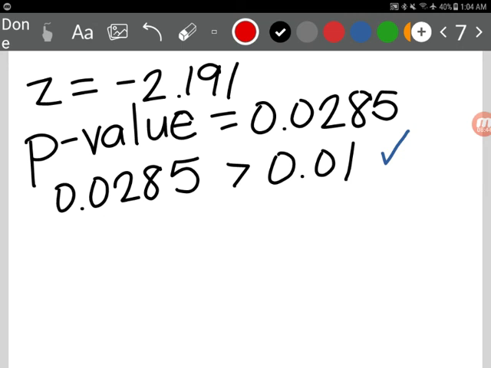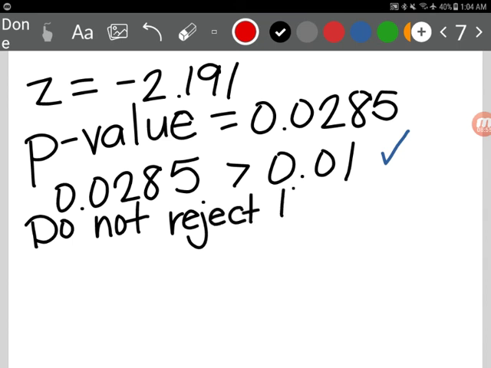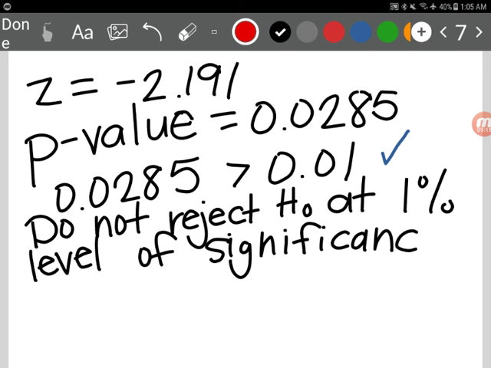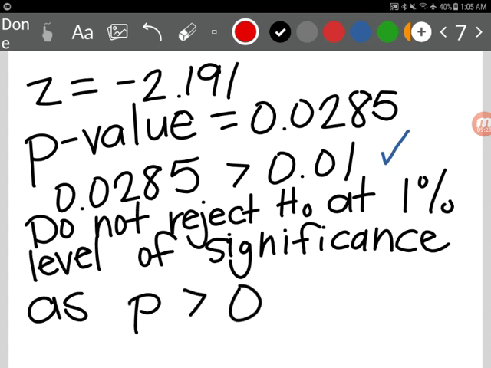Because my p-value is greater than our level of significance, it tells us that we do not reject H0 at the 1% level of significance, as P is greater than 0.01. And we know P is 0.0285.